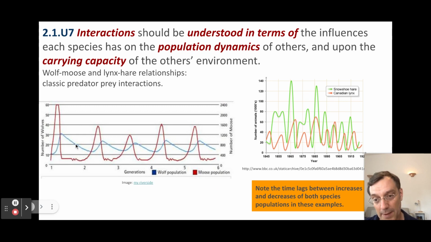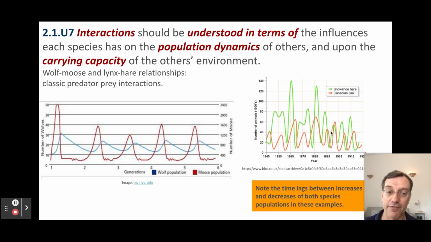And as the wolf population begins to decline, there's less selective pressure on the moose population, and so the moose population increases again, which then, of course, provides more food for the wolf. Right? This is one of those feedback mechanisms that we've previously addressed in topic 1. Right? So you'll notice both of the populations fluctuate around kind of a standard level. That's the idea of a carrying capacity.